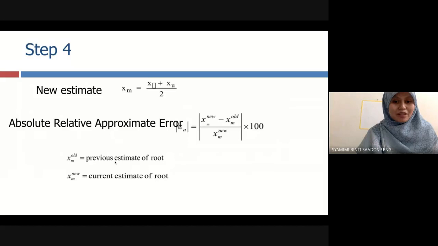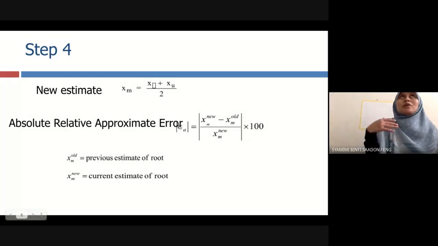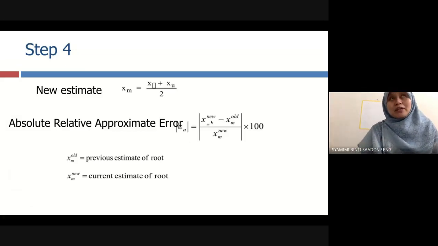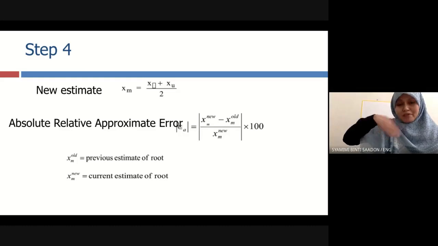So if you have done 5 iterations, this X new will be the 5th XM, and X old will be the 4th XM from the previous round.